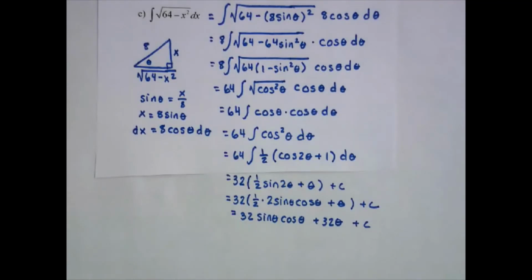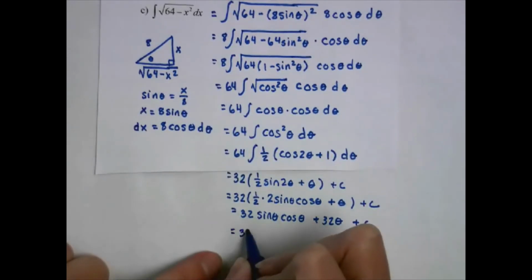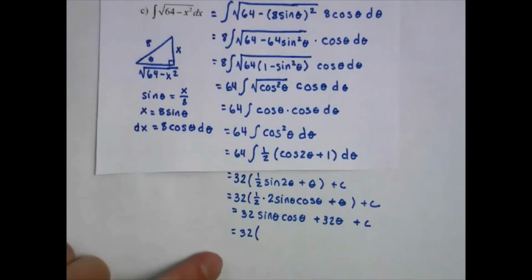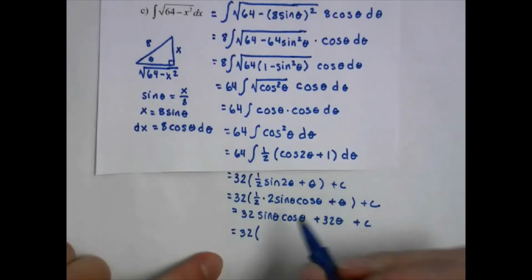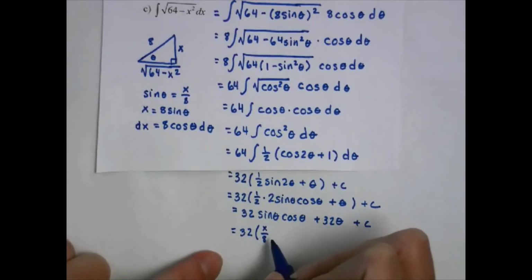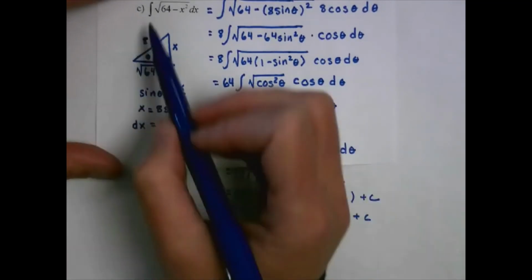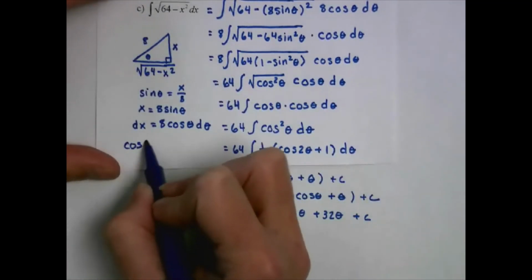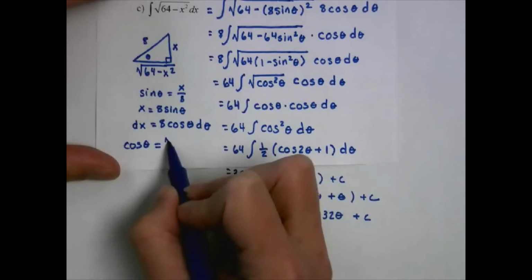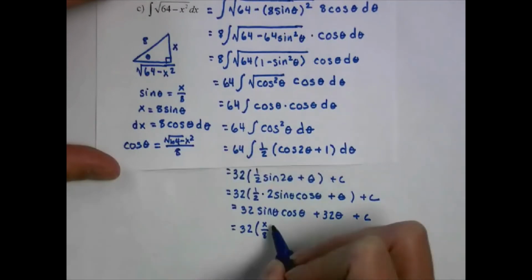Now we have to go back to the triangle and write these things in terms of x. So we're going to have 32 times sine of theta, which is x over 8. Cosine theta is going to be the adjacent over the hypotenuse. So cosine of theta is going to equal root 64 minus x squared over 8.